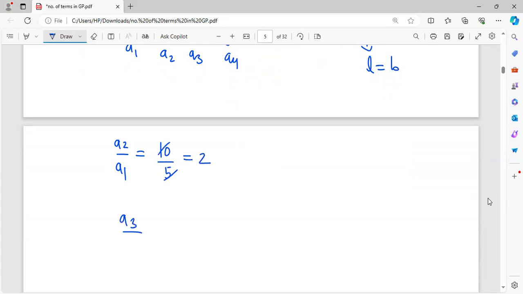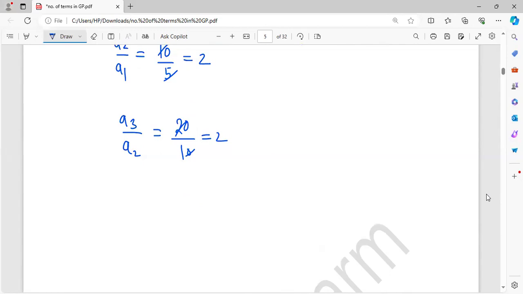What is A3 upon A2? That is 20 upon 10, that is 2. What is A4 upon A3? 40 upon 20, that is 2. And so on it is going.